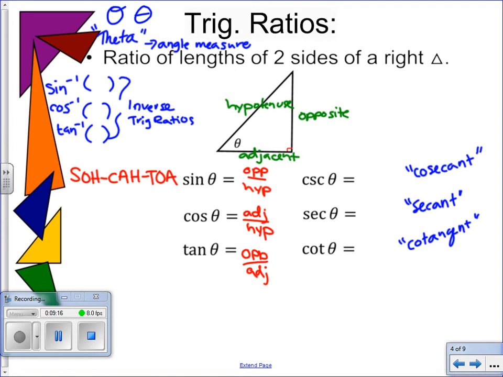Now, the interesting thing about these 3 new trig ratios is instead of being called inverse trig ratios, which is what Justin gave us, that -1, these 3 are called reciprocal trig ratios.